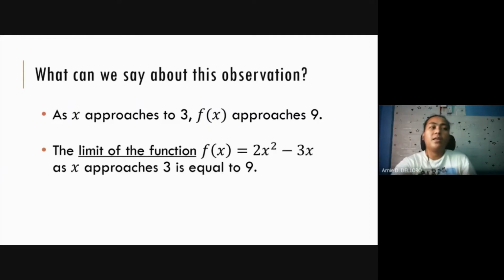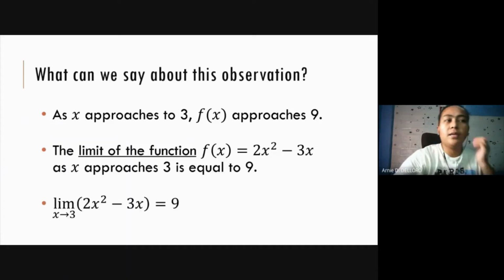Okay? Second is, the limit of the function f of x equal to 2x squared minus 3x as x approaches 3 is equal to 9. Okay? And lastly, the limit of 2x squared minus 3x as x approaches 3 is equal to 9. Okay?